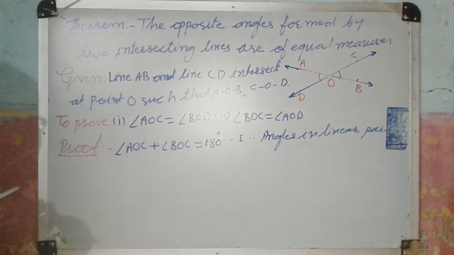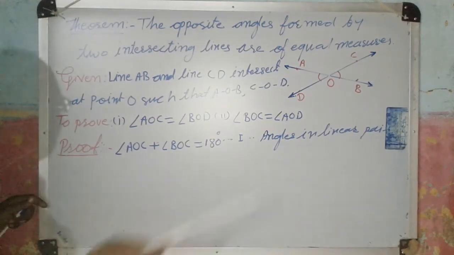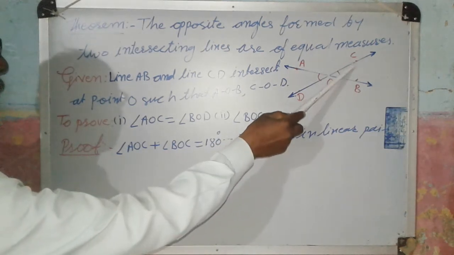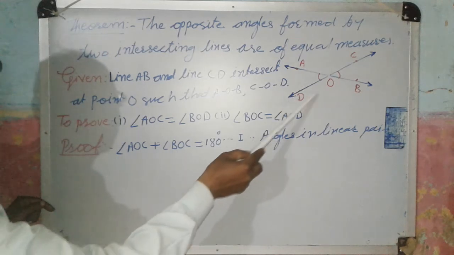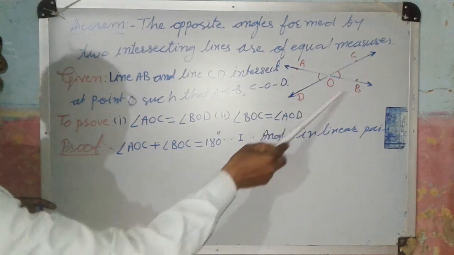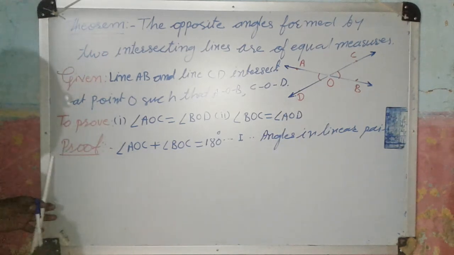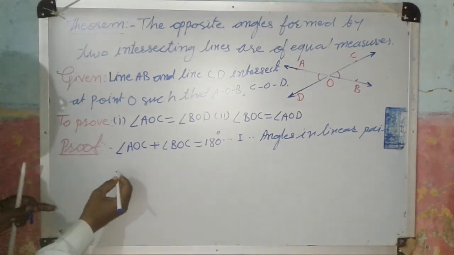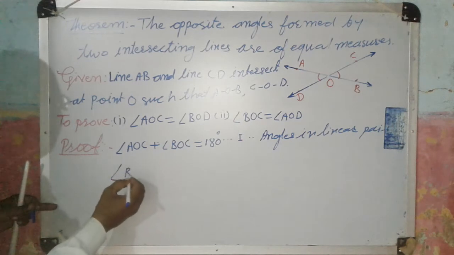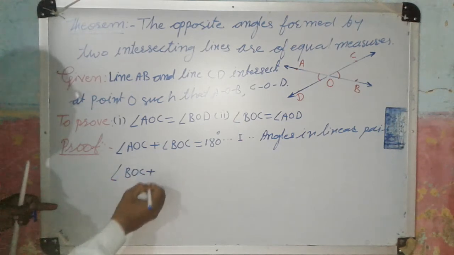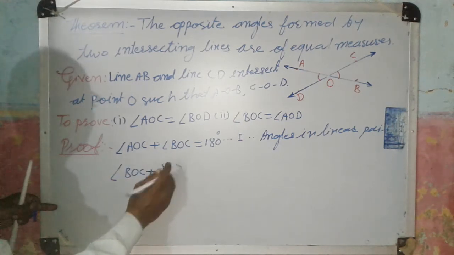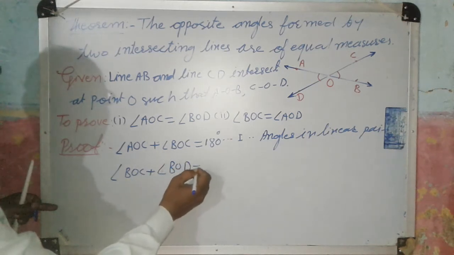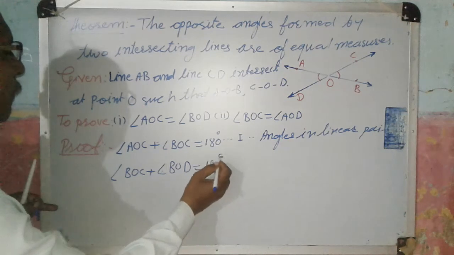Now consider this pair, angle BOC and angle BOD. This is also a linear pair of angles. So their sum is also 180. Angle BOC plus angle BOD is equal to 180.